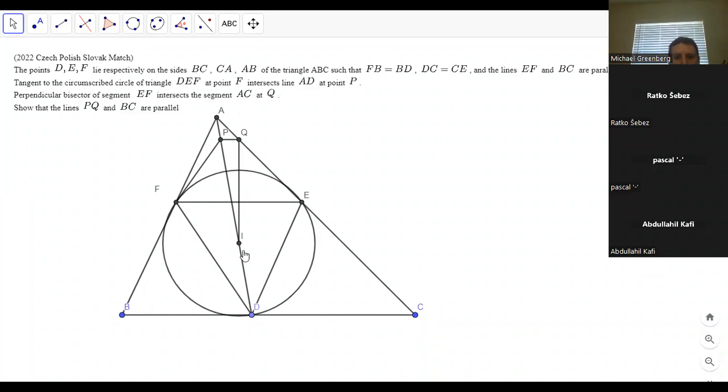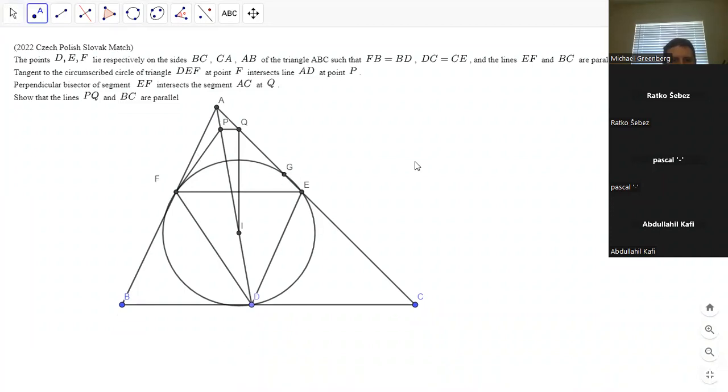Okay, yeah, I know this is the angle bisector, but D lies on it because you can use ratios to prove it. BD over DC is BF over CE. And since FE is parallel to BC, we have that BF over CE is BA over CA. Yeah, okay, so that's the angle bisector theorem. That makes sense.